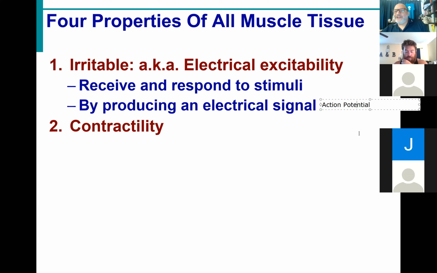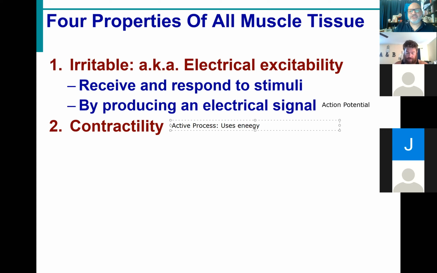Now, when it produces that electrical signal, when it produces that action potential, it causes the tissue to have contractility. This is an active process. When I say active process, what do I mean by that? Requires energy. Yeah, absolutely. It uses energy.